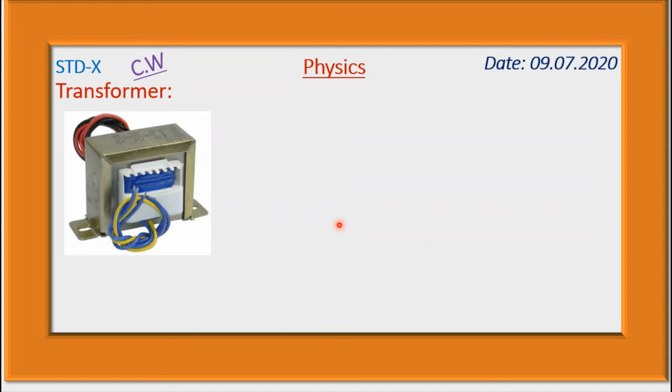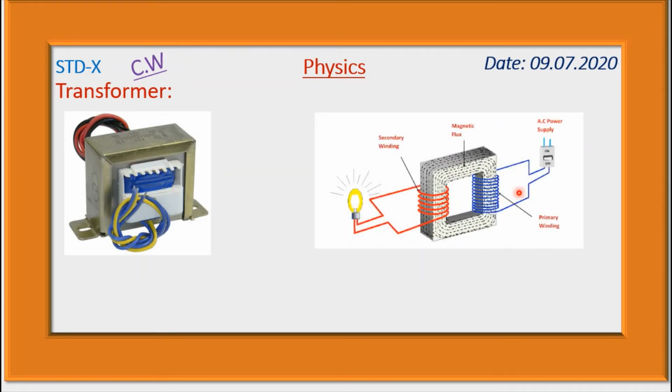Transformer. This is the internal construction of a transformer. It has an iron core, here a coil, and here is also a coil. This coil is known as the primary coil.